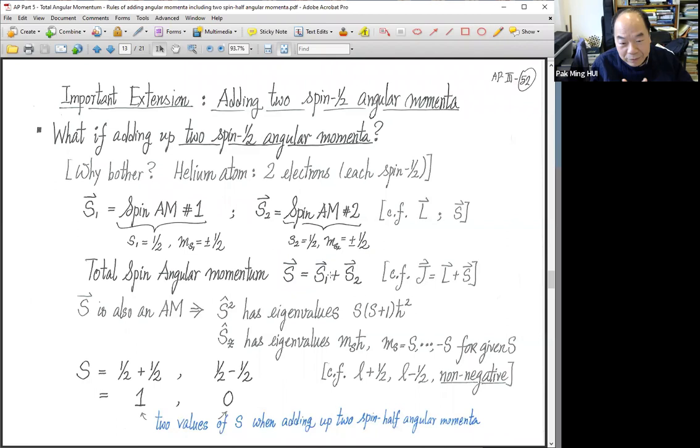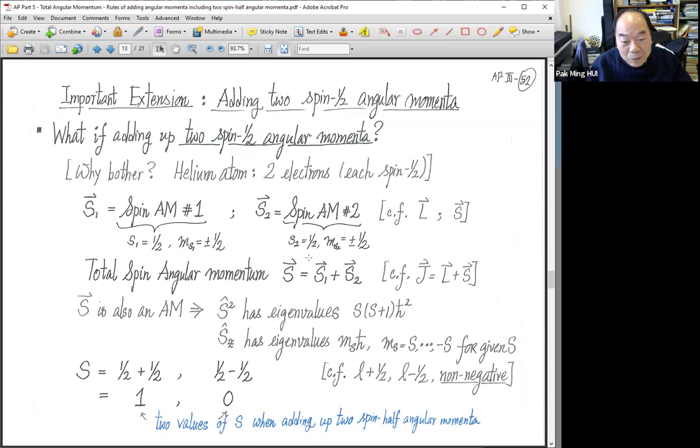So let's say we define this total spin. Well, this is angular momentum, this is angular momentum, no doubt, all right? Any operator of 1 has nothing to do with any operator of 2. They operate on different things.